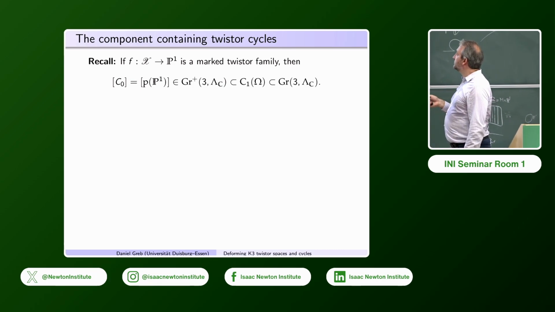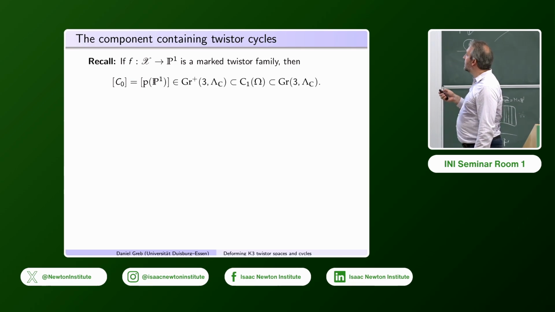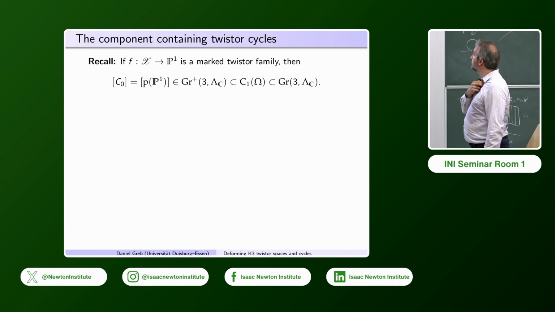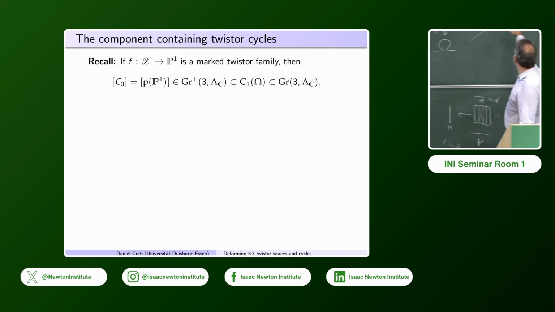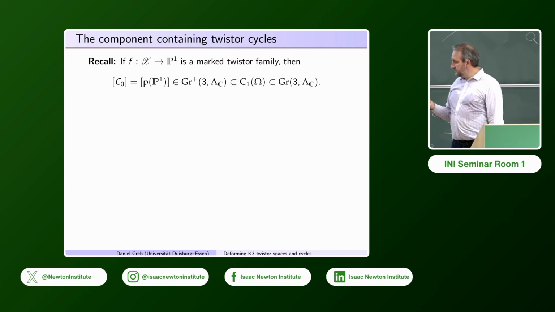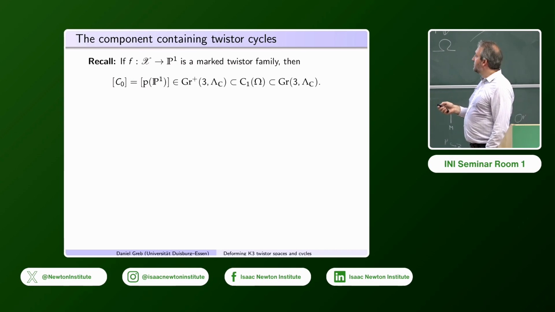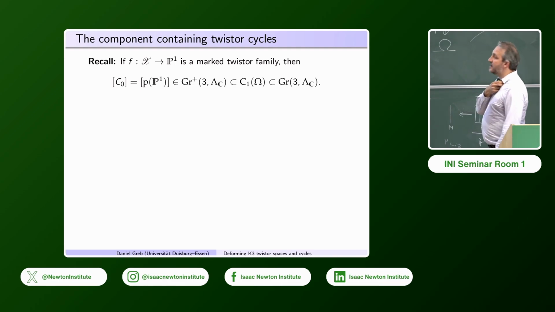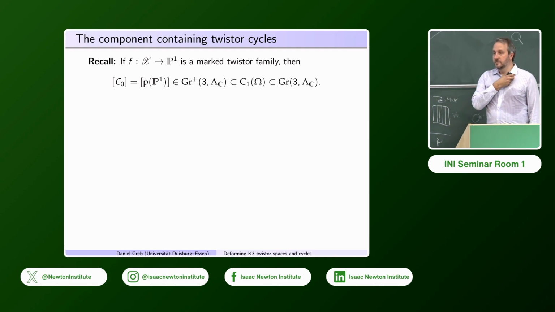Okay, I recall where we are. We start always with the twistor family, marked, so that I can map to the period domain. Then I had the image inside the period domain, which was this green thing. I consider this as a point in the Grassmannian of positive 3-planes, which was sitting in this 2D space, and which you can show, if you go to the connected component, is also contained in the Grassmannian of 3-planes.